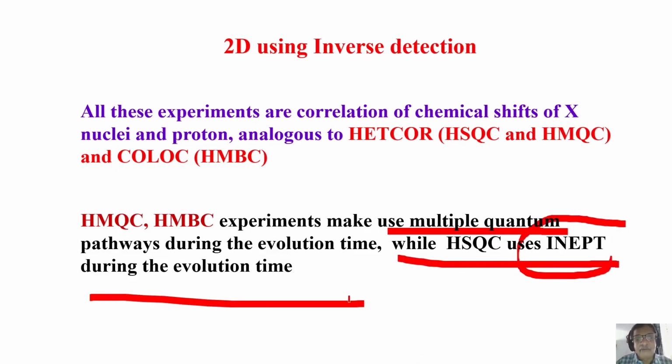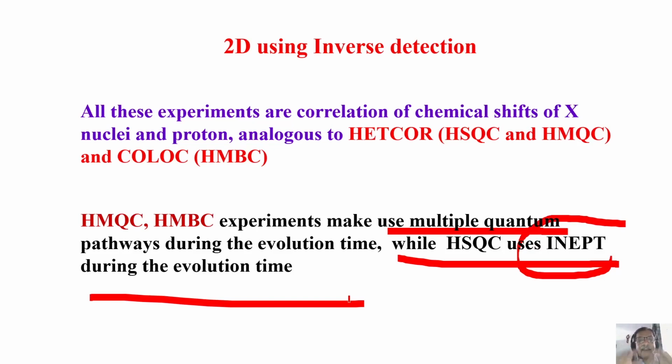Please remember, inverse detection is what you have to do. If you are doing proton-carbon correlation, if you have a molecule and want to analyze the carbon spectrum and know which carbon is coupled to which proton, don't do the HETCOR or COLOC experiment. Please do HSQC. Directly bonded carbons and protons can be correlated.